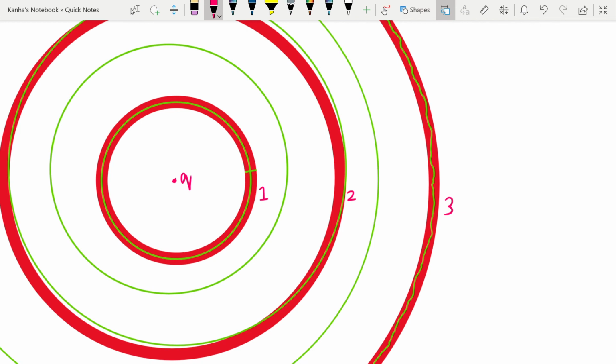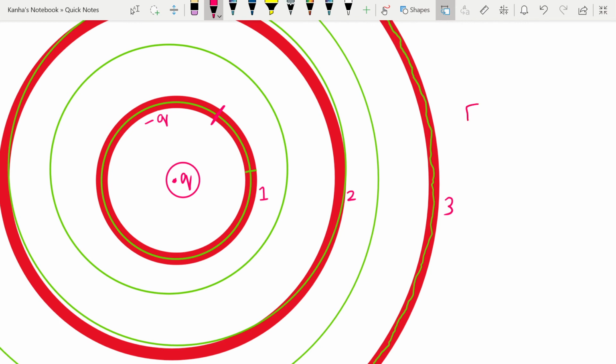Now if I make a second Gaussian surface, as it is going through a conductor, my electrical field should be 0. That means the net charge inside this Gaussian surface should be 0. That is why we assume that this charge plus q induces a charge minus q on the inner surface, so that the net charge inside this Gaussian surface is 0.